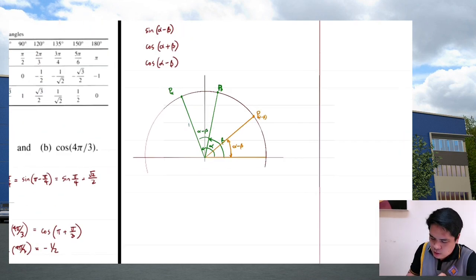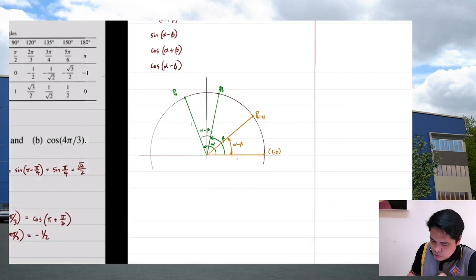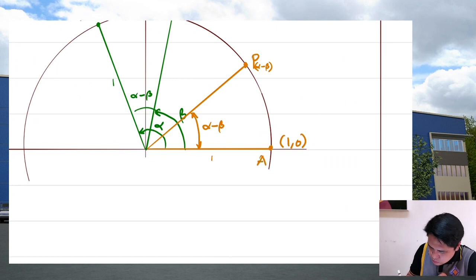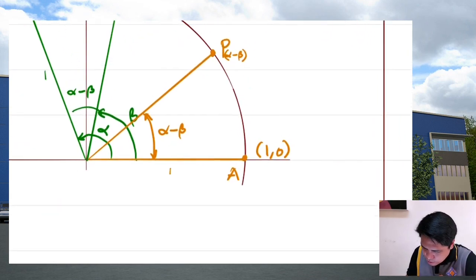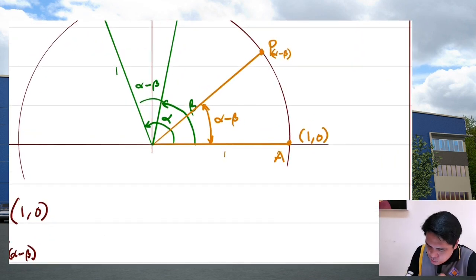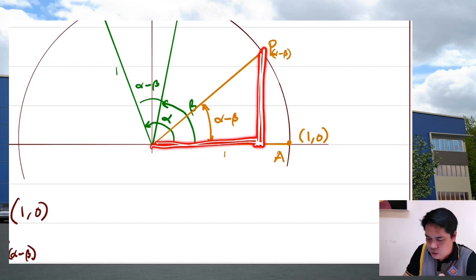So, if this is a unit circle, if this is 1 unit, this is 1, 0. Okay? Let's call this point A. So, if we plot the points, that would be point A is at 1, 0. How about point P alpha minus beta? Okay? That would be, what is this distance? Diba this is cosine? So, 1 cosine alpha minus beta. Tapos, ito naman, 1 sine.